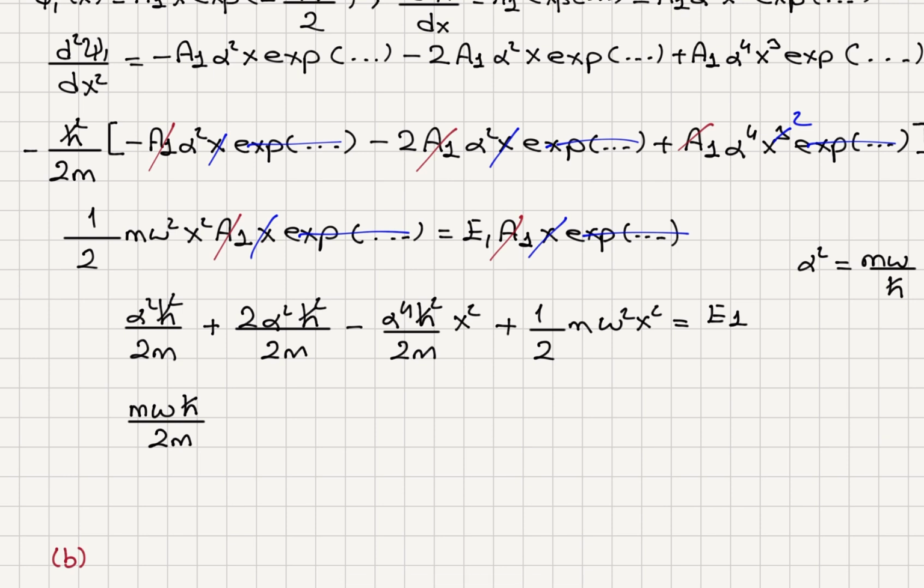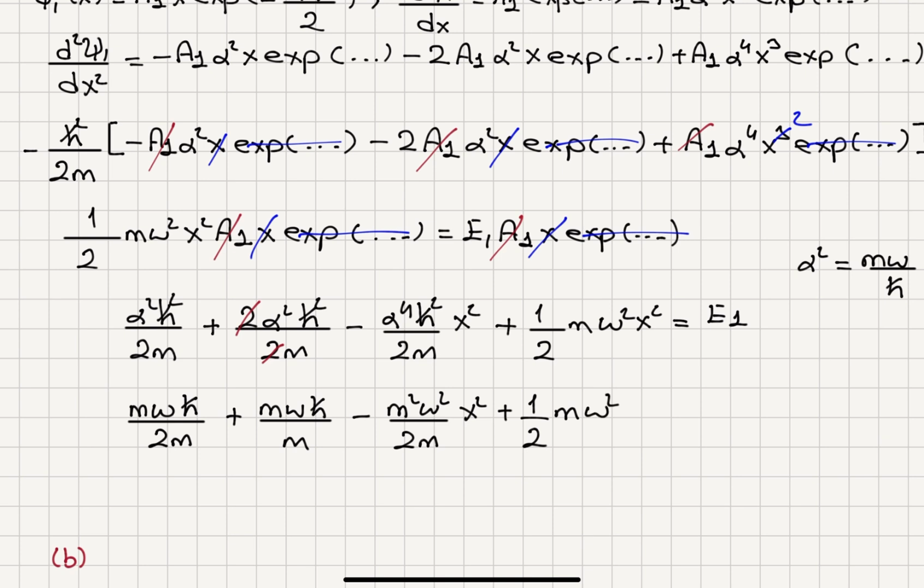And here I have the cancellation of these 2's, and this is going to give me m omega h bar over m, plus m omega h bar over m. Then here I have minus m squared omega squared over h bar squared times h bar squared divided by 2m, x squared, plus 1 over 2 m omega squared x squared.